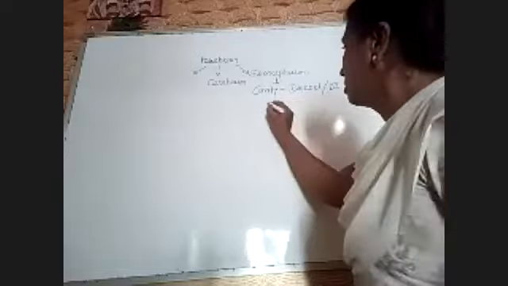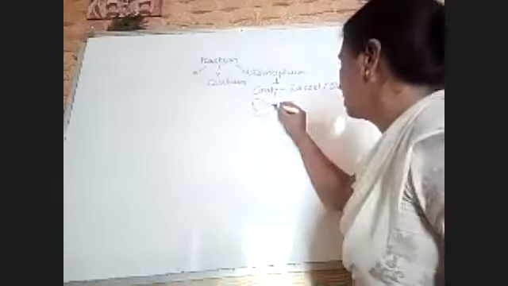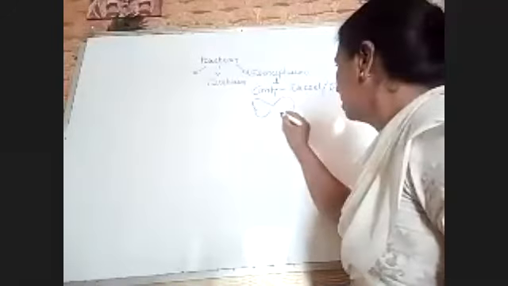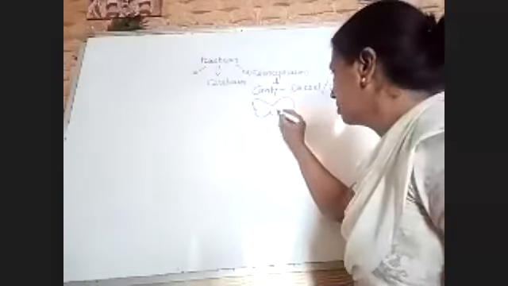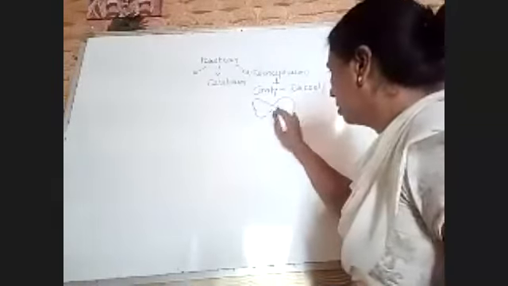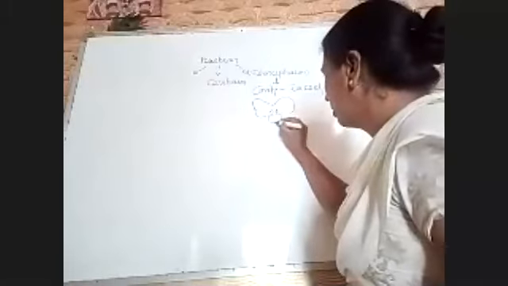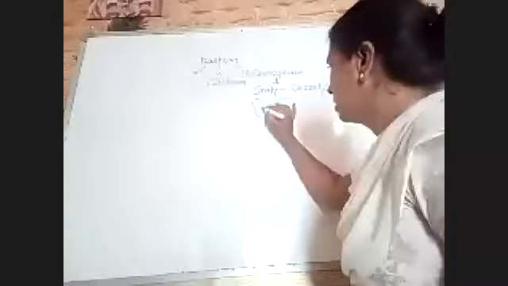So the first ventricle was present in the cerebrum. The second ventricle was also present in the cerebrum, and that opens into this third ventricle. First, second, third.